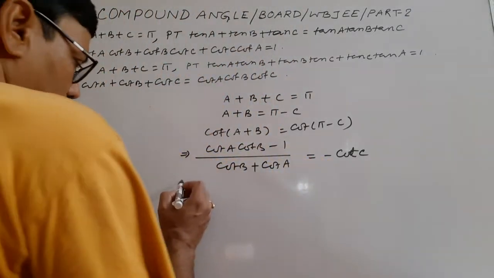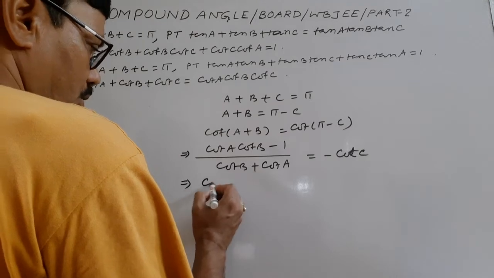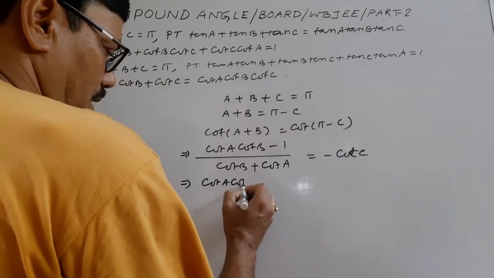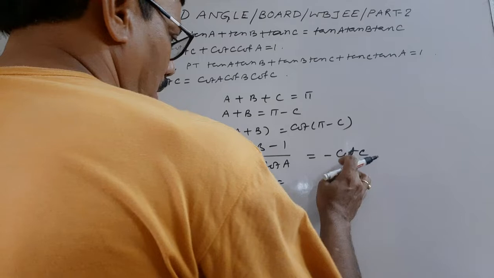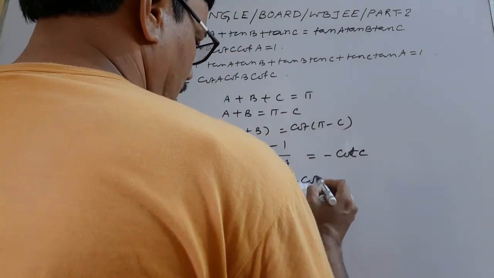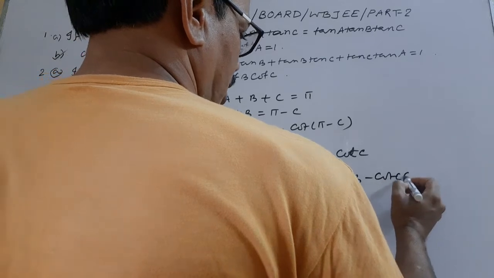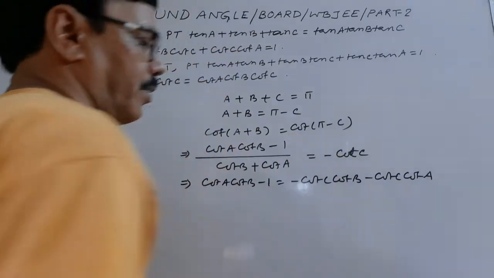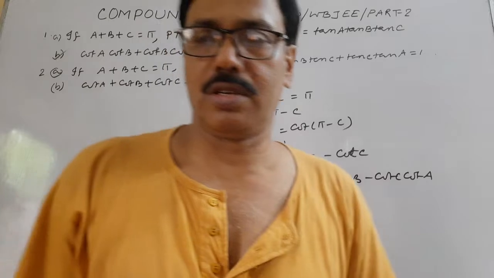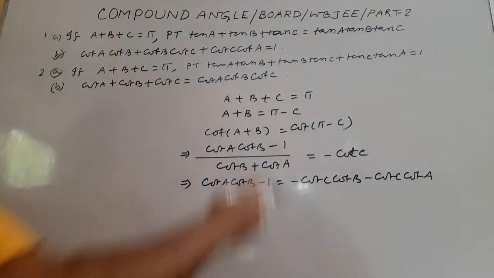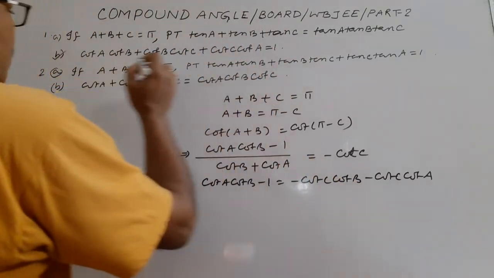So do cross multiplication. So (cot A cot B − 1) = −cot C (cot B + cot A). Now you look at the proof of the result.